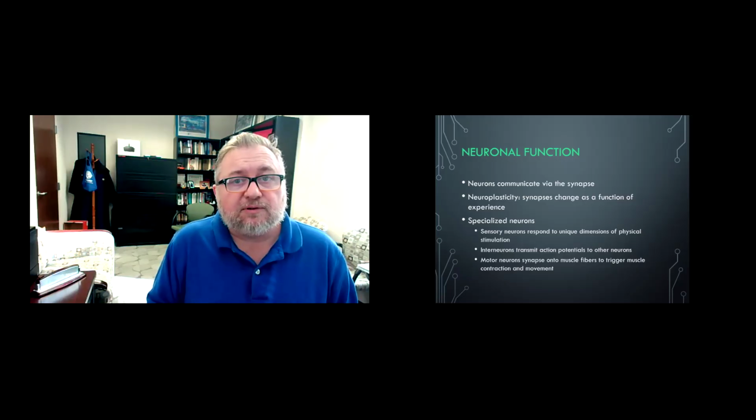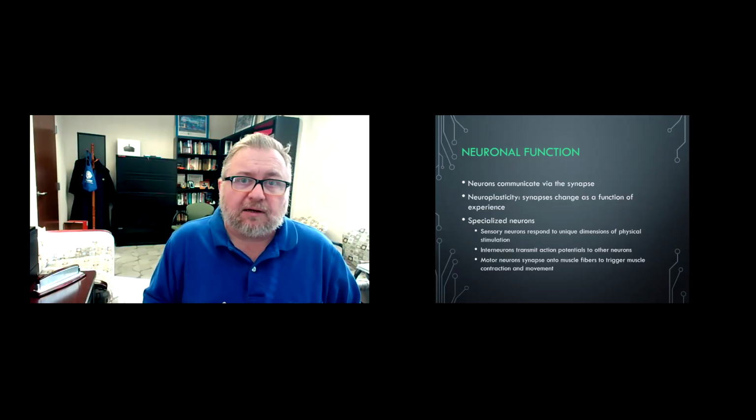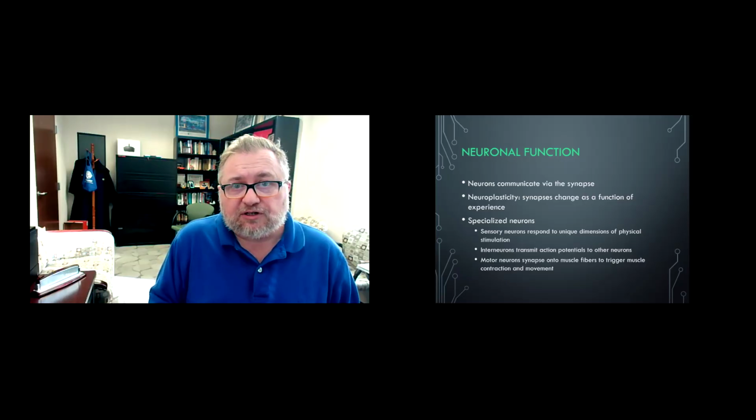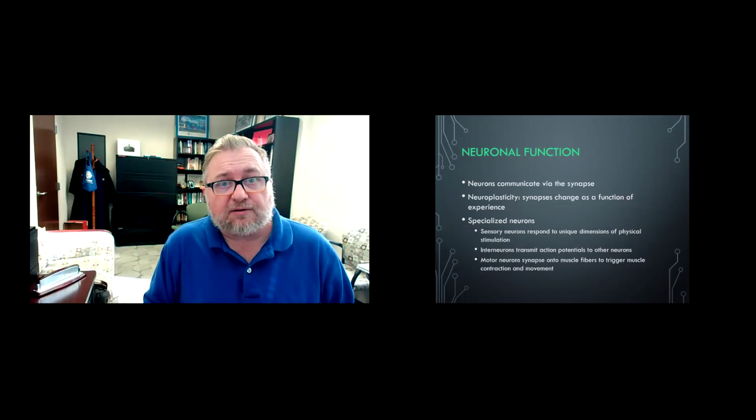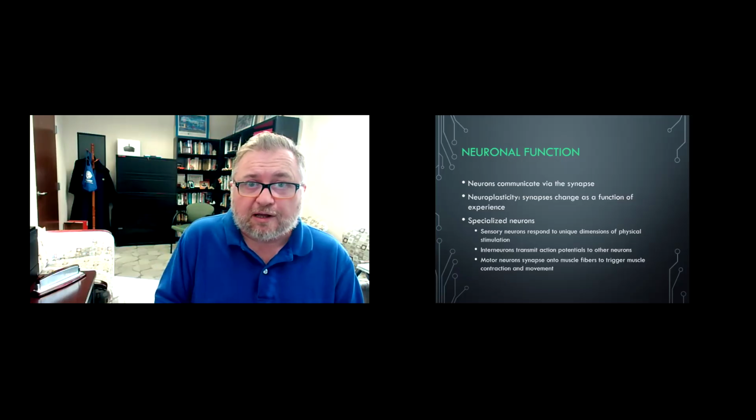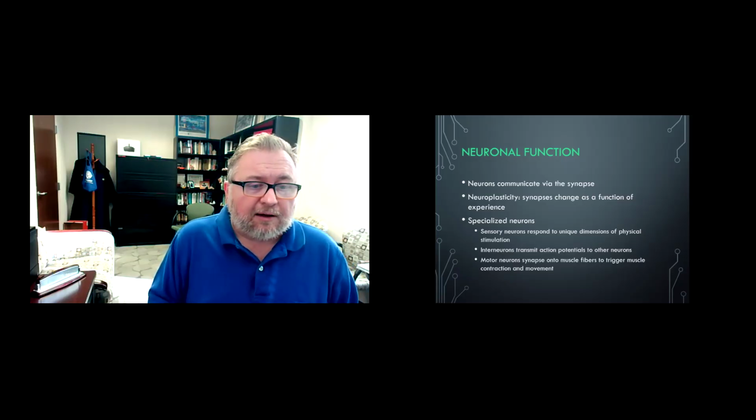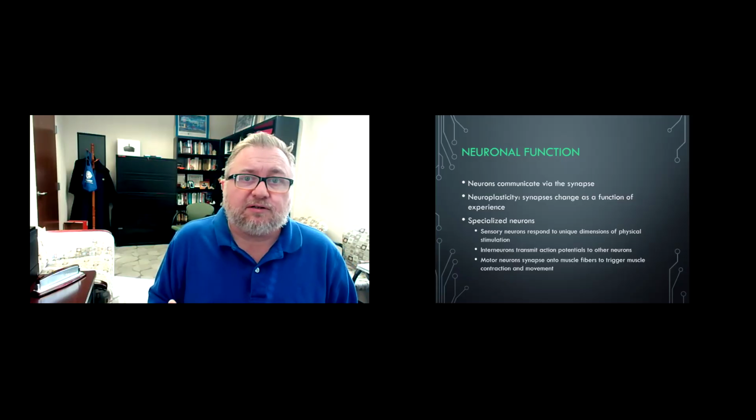The rods and cones, the photoreceptors in the eye, do have chemicals inside of them that undergo a breakdown in the presence of light that changes the internal voltage of the rods and cones, which will then trigger an action potential that's transmitted down their axons to other neurons. The hair cells in the ear respond to vibrations of the sound waves that pull on cilia that are attached to those cells.